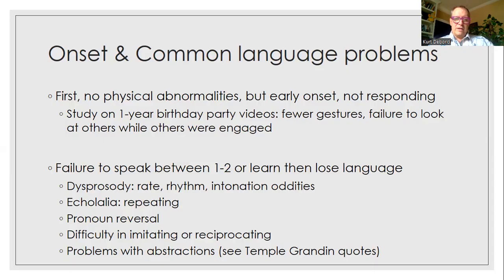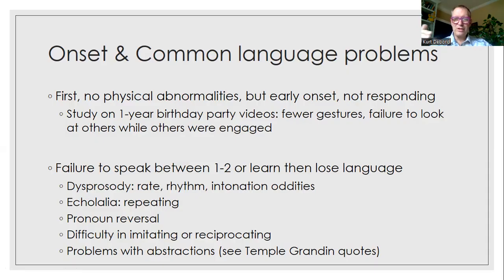So, failure to speak between 1 or 2 years of age, or sometimes kids with autism learn some of the words and then they lose that language. All sorts of speech problems, which include this thing called dysprosody, where you can tell as I'm talking, there's a rhythm to it.